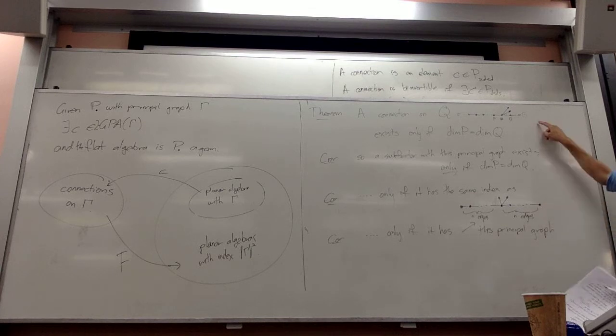But when you go up to a bigger graph, the norm has to strictly increase, so that's impossible.